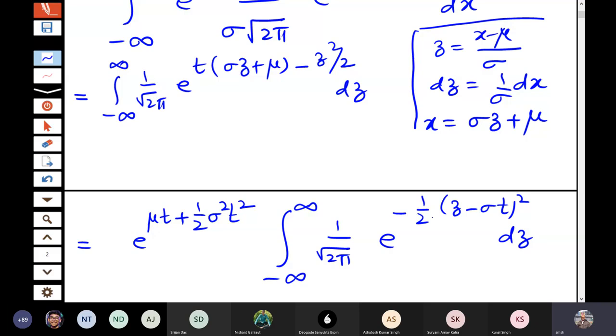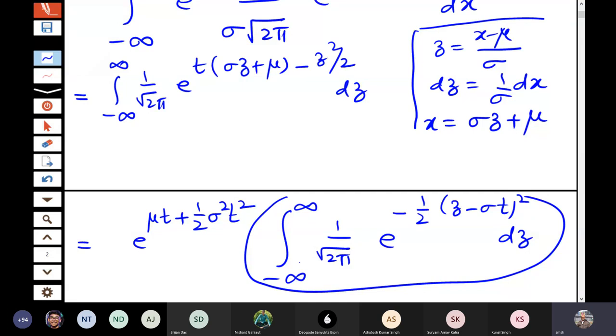So this becomes a perfect square and I get e to the power minus 1 by 2 z minus sigma t whole square. The remaining terms are e to the power mu t, which comes out, and I have added e to the power half sigma square t square, so that also comes out. Is this adjustment clear?